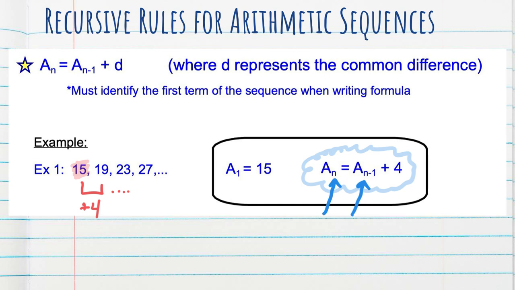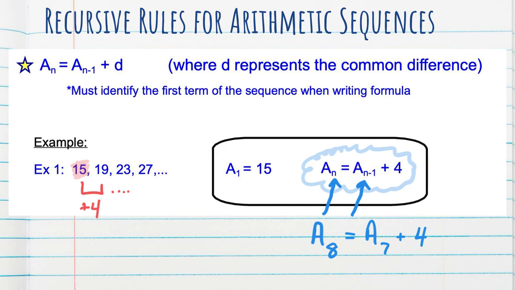If you're still not seeing that, imagine if there were actual numbers there. For example, a sub 8, I'm just making this up. And what would n minus 1 be in this case? That would be 7. So again, rather than being confused by it, we could just look at it as, hey, this is just telling me previous versus next. So basically to go from one term to the other, you just keep adding 4.